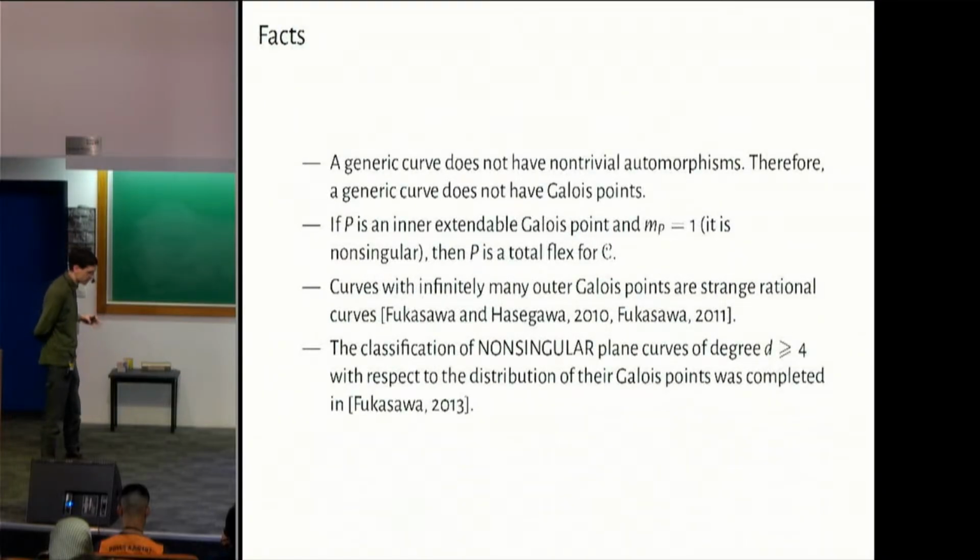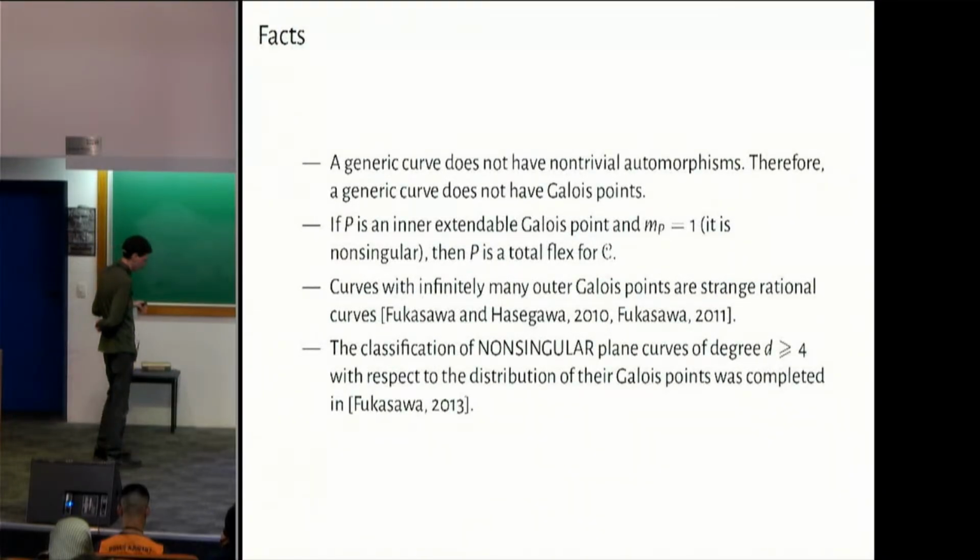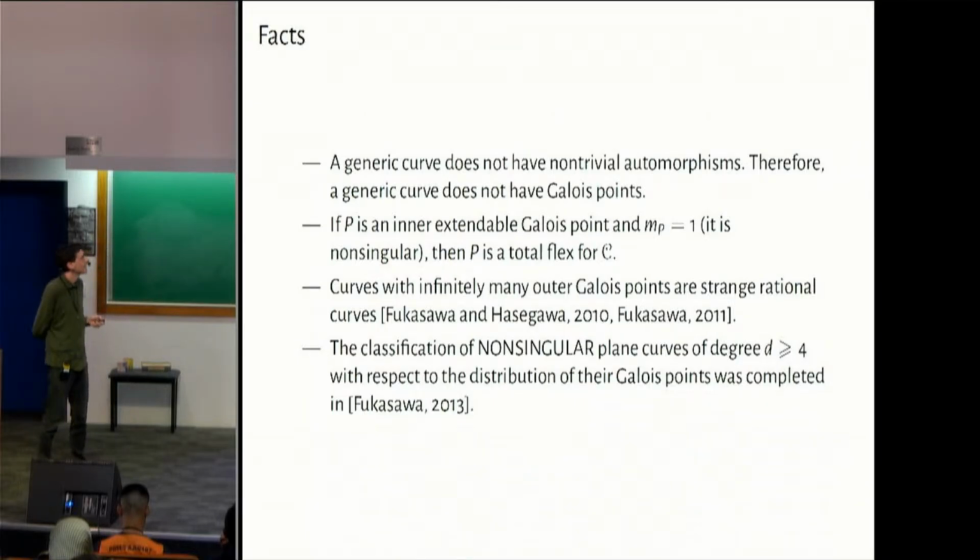Now some facts about Galois points. A generic curve does not have non-trivial automorphisms. So a generic curve won't have any Galois points either.